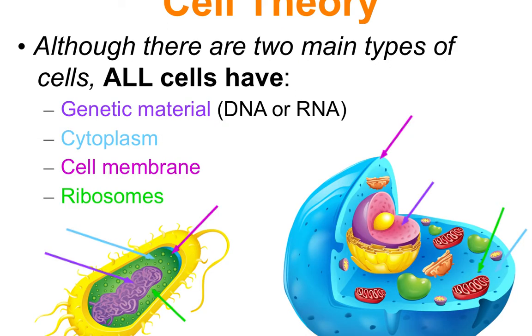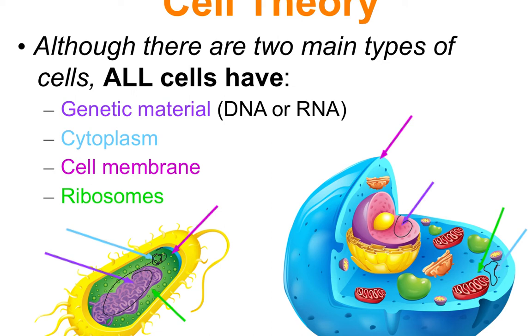Although there are two main types of cells, the fact is all cells have these four major things. They all have some sort of genetic material, whether it's here or here. They all have cytoplasm, which is the space in between all of these little dots in this particular example, and over here it's the same thing, the space in between all of the other little dots. And they'll also have a cellular membrane.